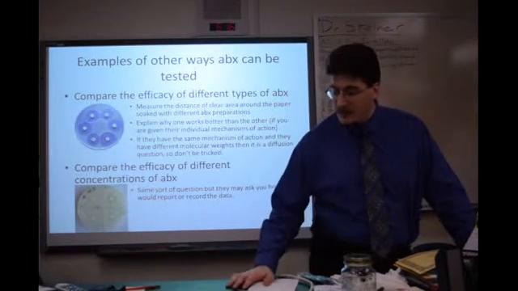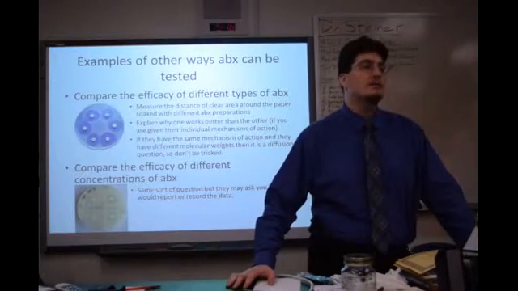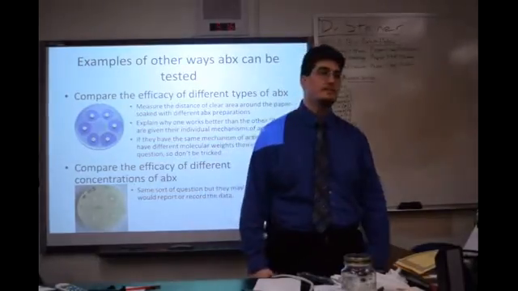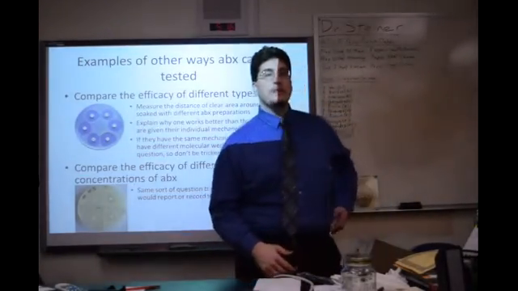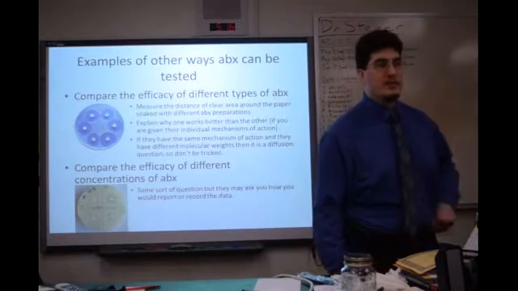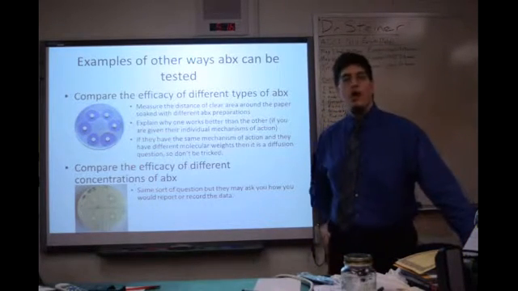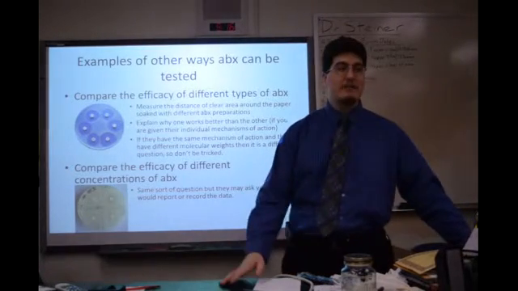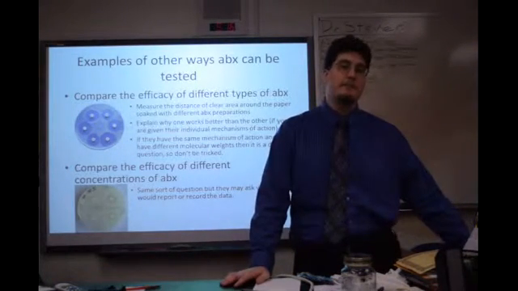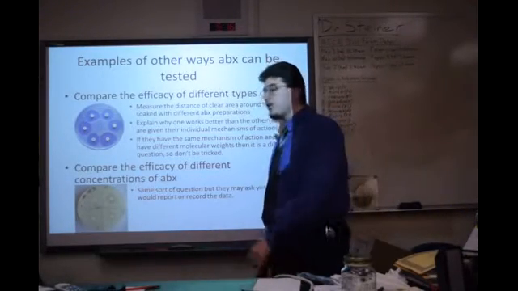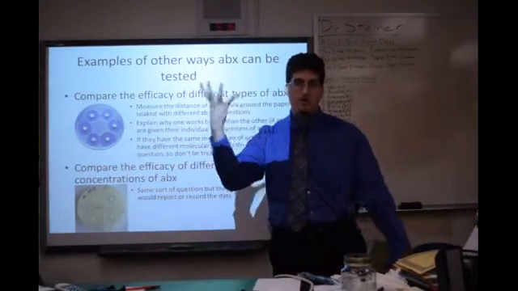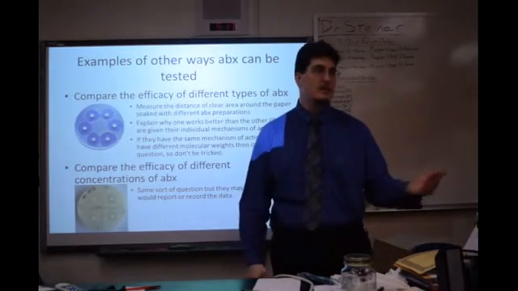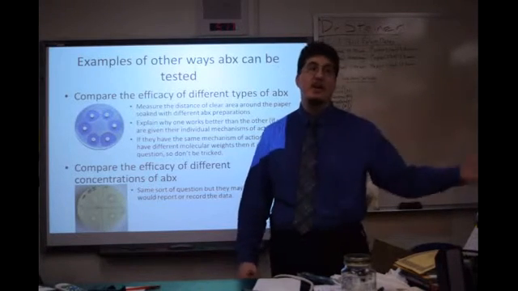If one antibiotic targets the cell wall, and the other one targets the ribosome, and the plate has a bacterium that does not have a cell wall, then the antibiotic that targets the cell wall will have no clearance. It's not going to work because it has no target to target.